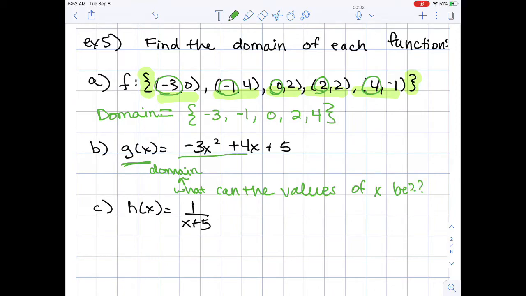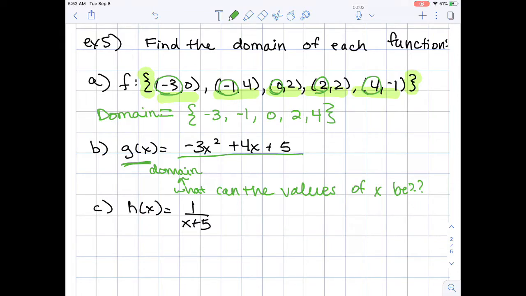Now, looking at this, I can definitely put in 0. I can put in all positive numbers of x. I can also put in any negative values of x. So I don't really have anything that's restricting me at all.